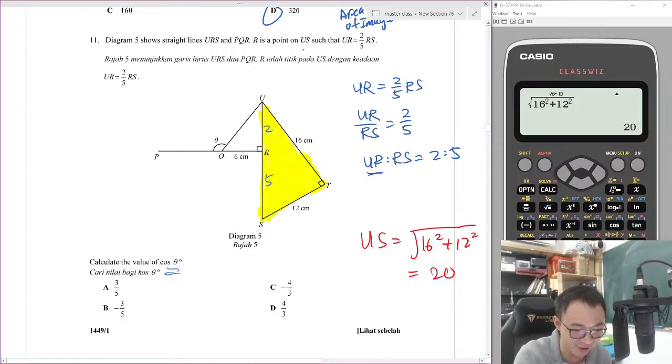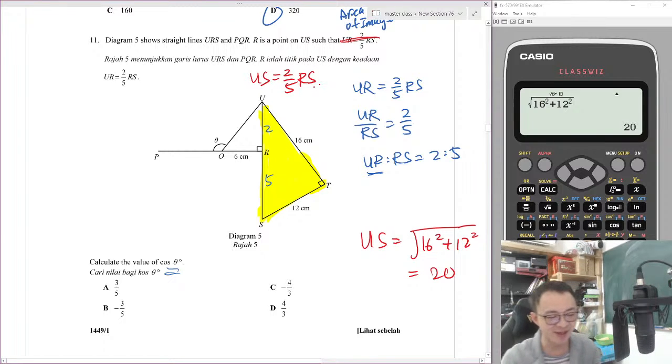R is the point on the US such that... I believe this one should be UR equals 2 over 5 US. Then it makes more sense to me, because this ratio looks like 2, and this one looks like 3. Change this one to S, or else you will not have any answer.